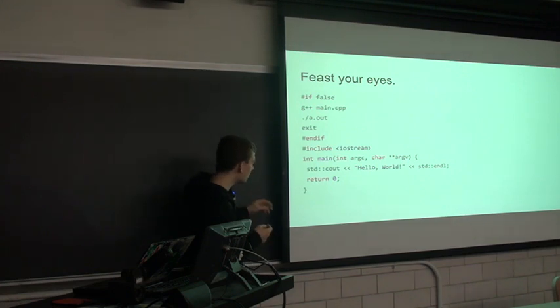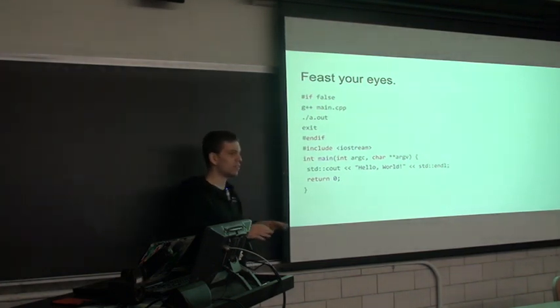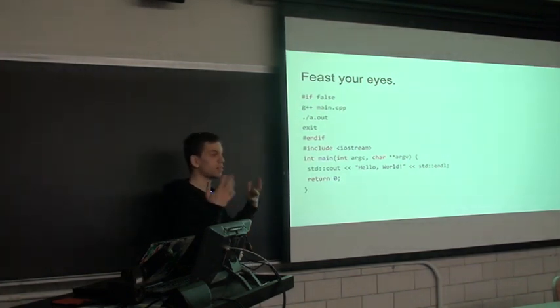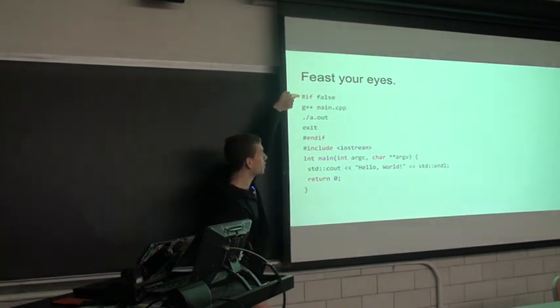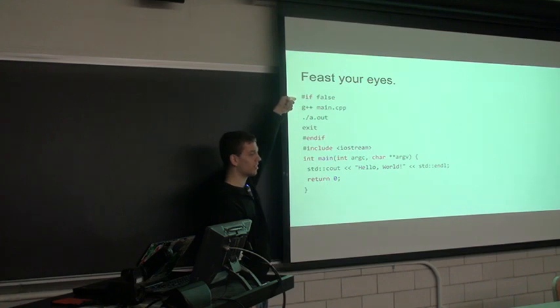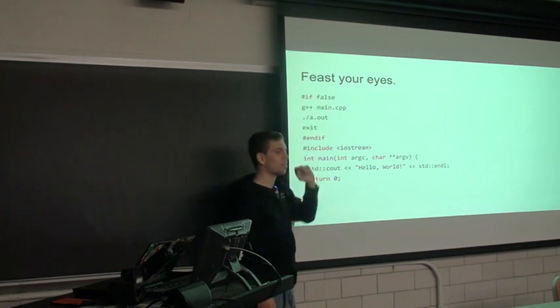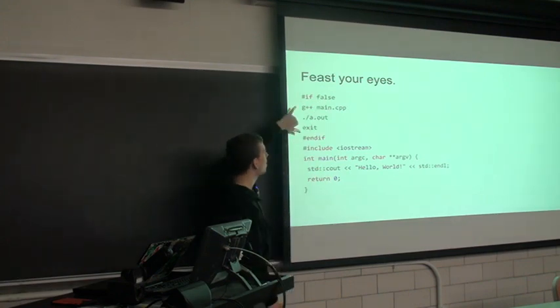Now if we look at this file again, but as if it were C++, what would we see? What is this? It's a preprocessor command. Have you ever seen #ifdefs or #defines? There we go. There's an if. Now, it just happens that it's always false, but bear with me.